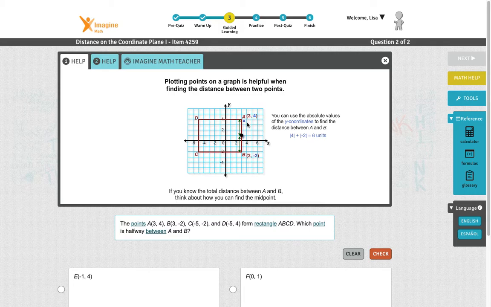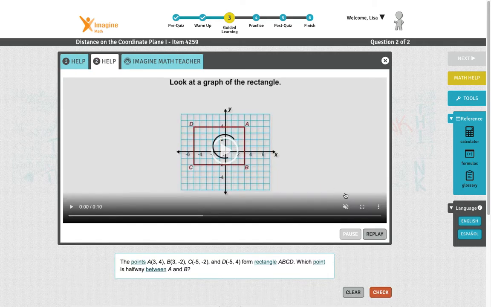Now halfway, if I counted 1, 2, 3, 4, 5, 6, halfway is going to be where this dot is. So 1, 2, 3 is half of 6. And that's why we find that we are at 3, 1, okay? If that doesn't help you, go on to the next help and watch the video.